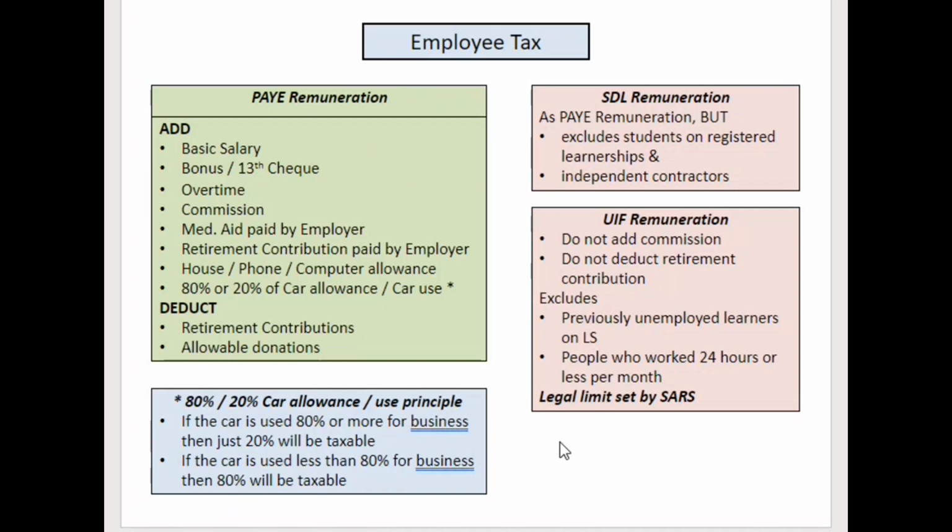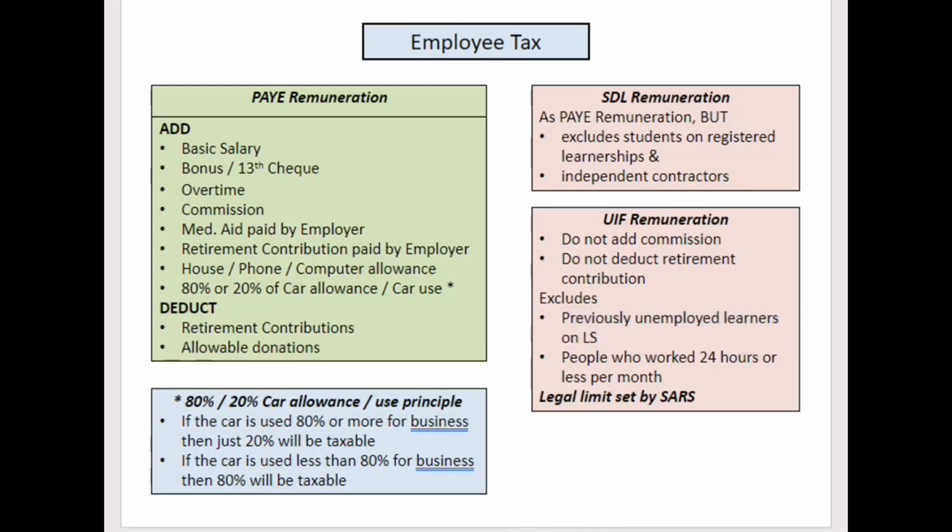That is not a lot. Okay. Previously unemployed learners on learnerships should not be included in UIF. If you see it on your pay slip, how do I know? Okay, I'm just telling you what the rule says.